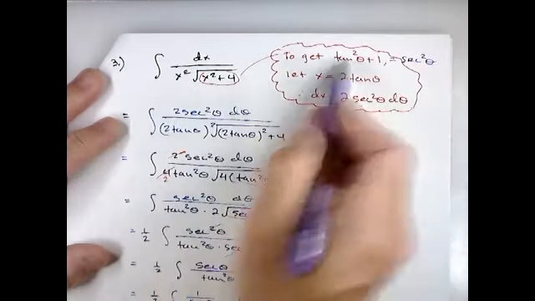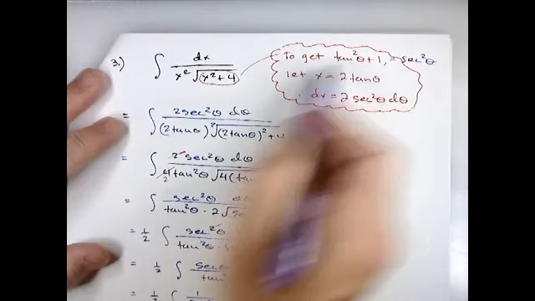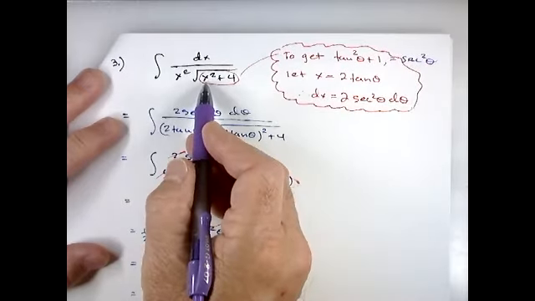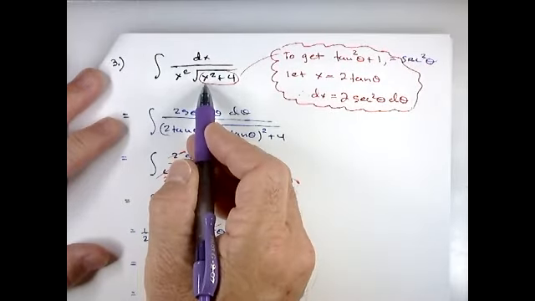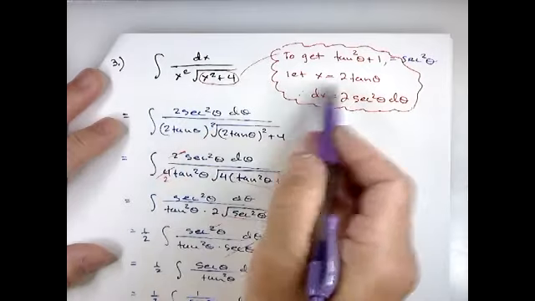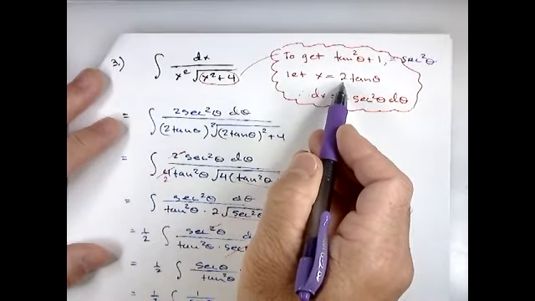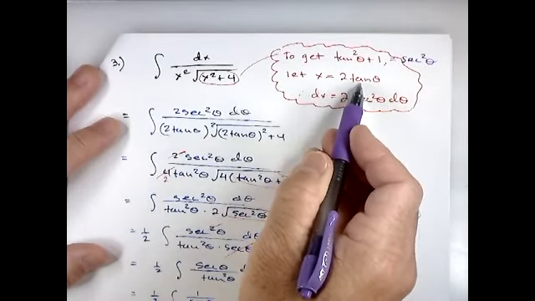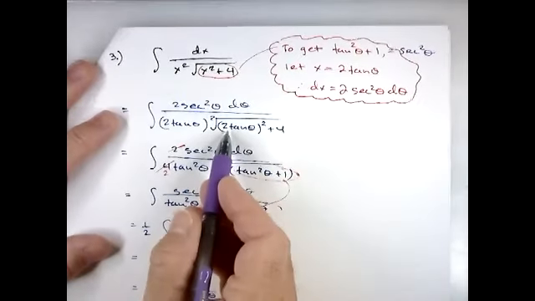So we're going to try to take advantage of this identity, which means what would be a good choice for x? Knowing that I have a 4 there, I'm going to let x be 2 tangent theta. Hopefully you're starting to pick up on this. Why 2?